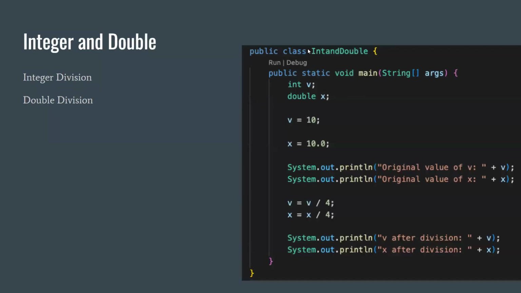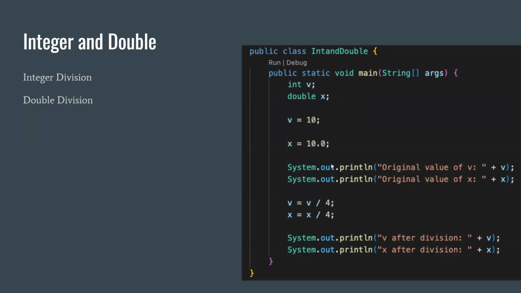So you can see from this example, we have this integer v that holds the integer value 10. We have this variable x that holds a floating value, a double, and that is 10.0.